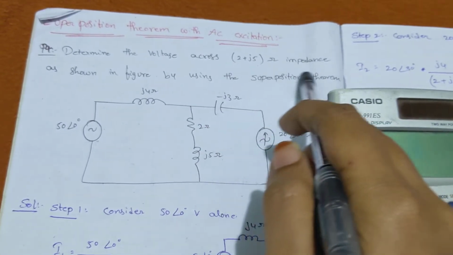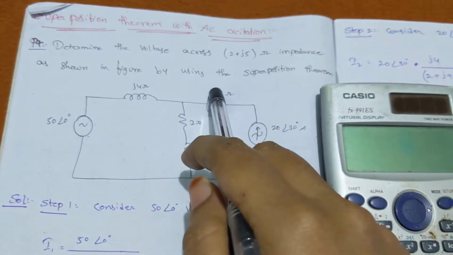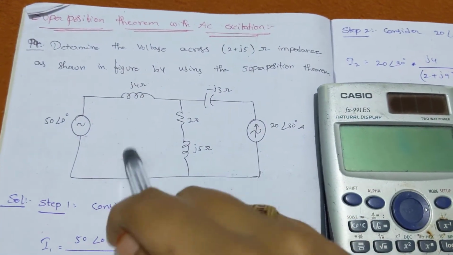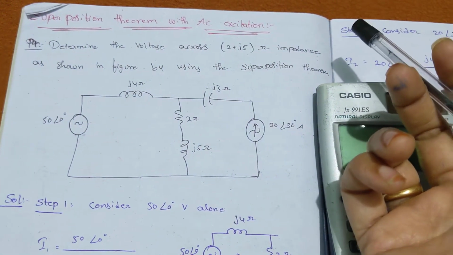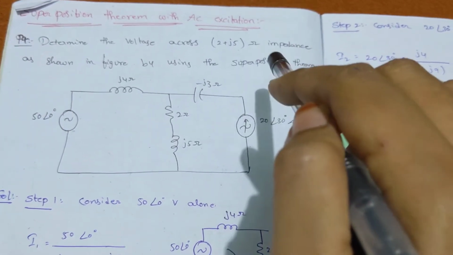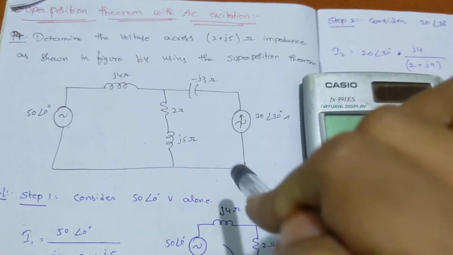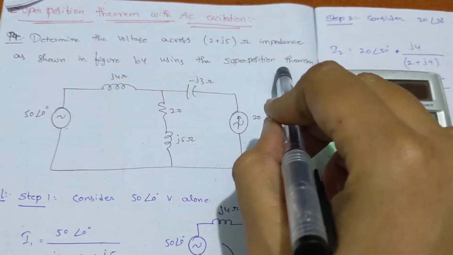If they didn't mention using the superposition theorem, you could calculate this using mesh analysis or some other theorems. But since they say to use the superposition theorem, you have to follow its statement and its way of calculation. So what is the superposition theorem?